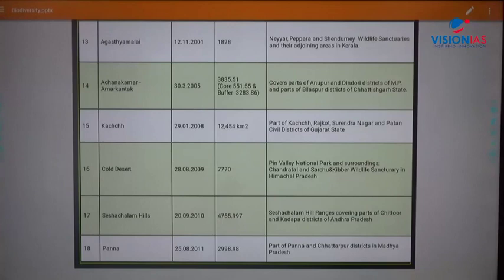Where is it located? Along the boundary of Tamil Nadu and Kerala. Neyyar. What is this Neyyar? Neyyar is a river. Peppara is a region along the boundary area. Then Shendurni, a very important area. The other day I was talking about Myristica swamps. Do you remember?